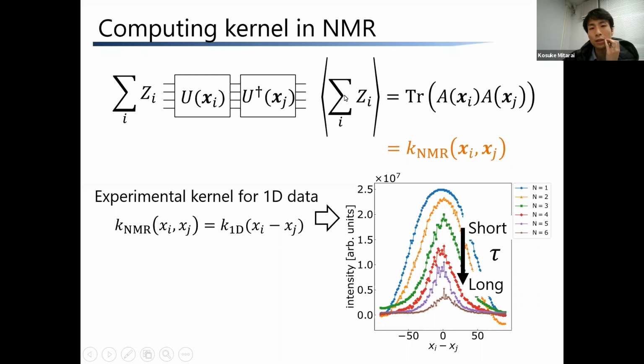So we do not really need to know the exact value of the epsilon, but we get the signal that is proportional to the kernel.